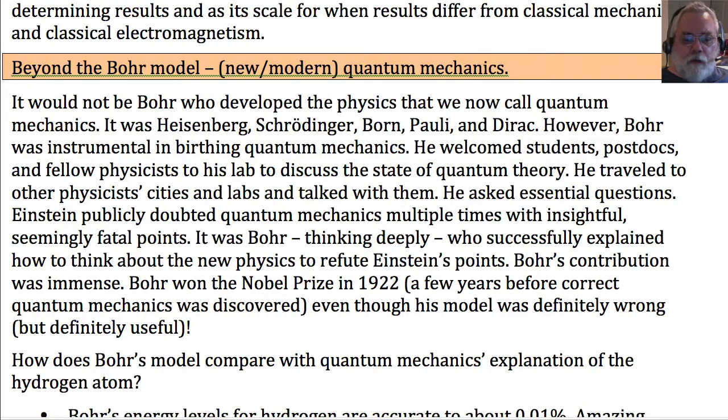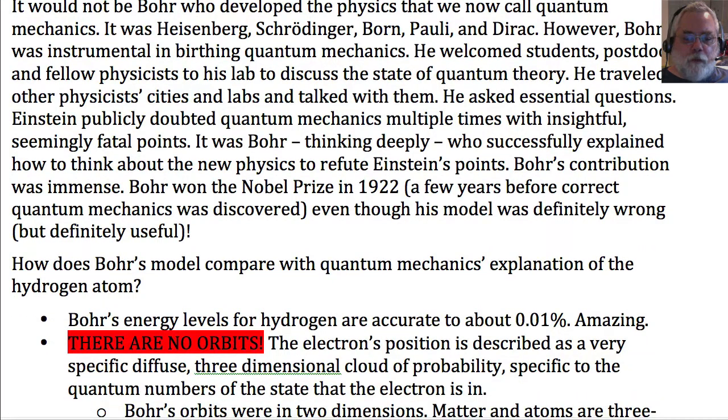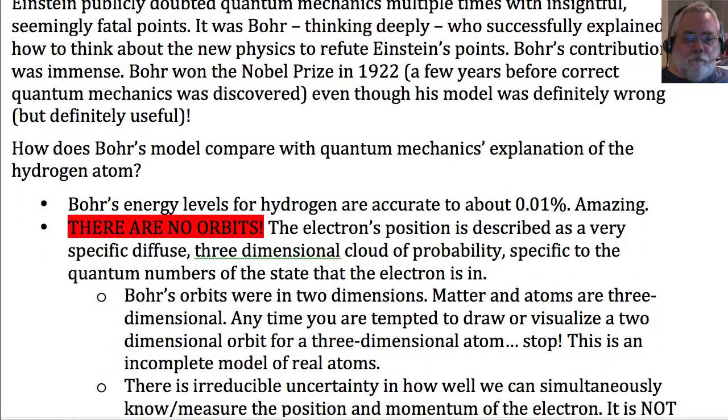How does Bohr's model compare with quantum mechanics' explanation of the hydrogen atom? Bohr's energy levels for hydrogen are accurate to 1/100%, and that's amazing. There are no orbits. The electron's position is described as a very specific, diffuse, three-dimensional cloud of probability specific to the quantum numbers of the state that the electron is in.